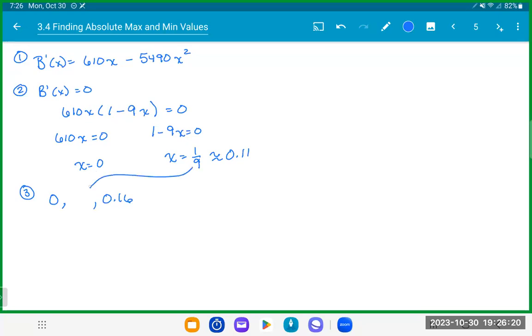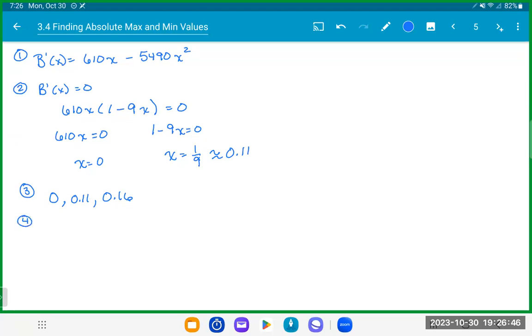And then this would be a critical point that I would put in here. Since it is a fraction, we can put this point here as 0.11. You could also use 1/9, that's fine too, and then get a decimal approximation at the end. Both are equally acceptable.